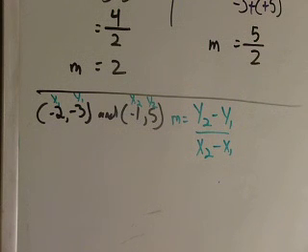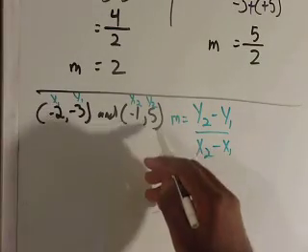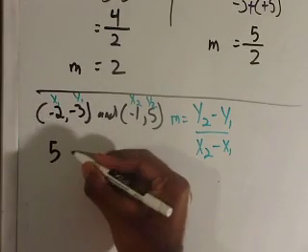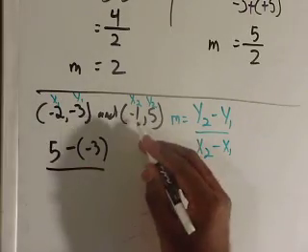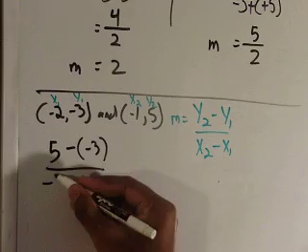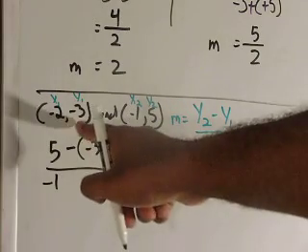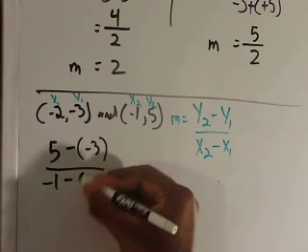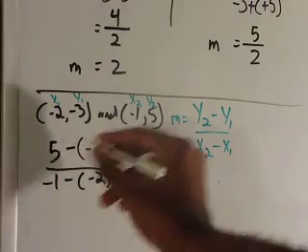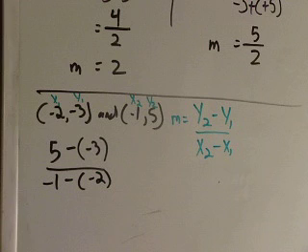And from there, you're just going to plug in. So here's my y2 minus my y1 over my x2 minus my x1.